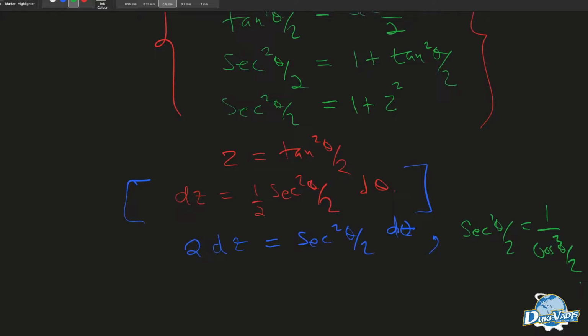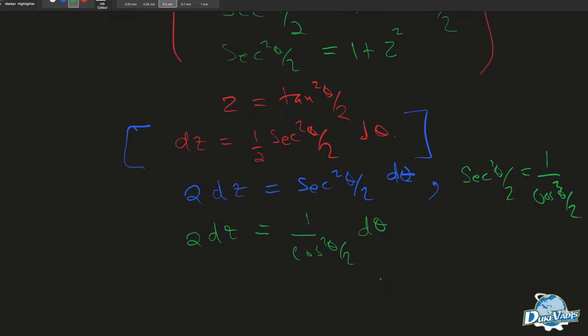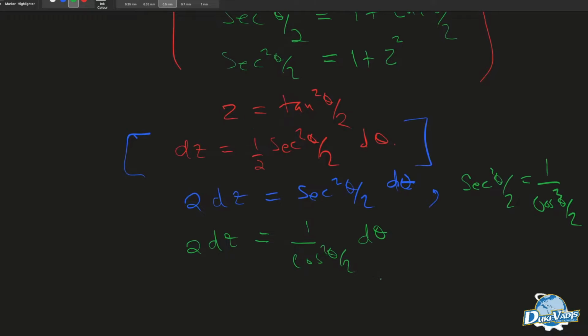So when we substitute this into the equation, we get 2 dz equals 1 over cos squared theta over 2 d theta. Then we can take care of the d theta. So our d theta will be equal to 2 cos squared theta over 2 dz.